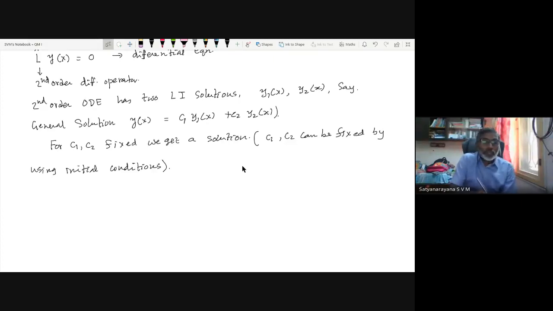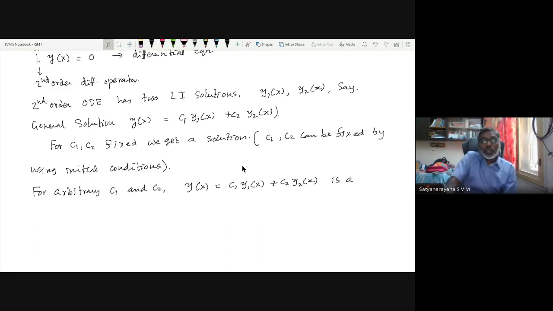But if you don't fix them, for arbitrary c1 and c2, this y of x equal to c1 times y1 of x plus c2 times y2 of x is a family, or a set, of solutions.